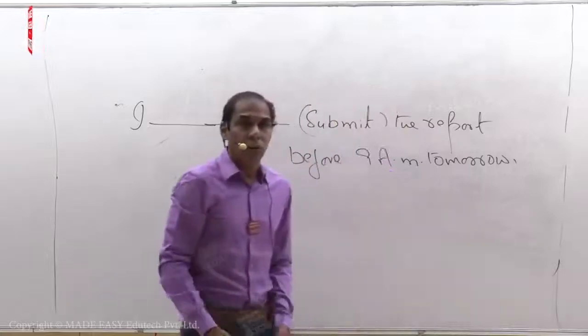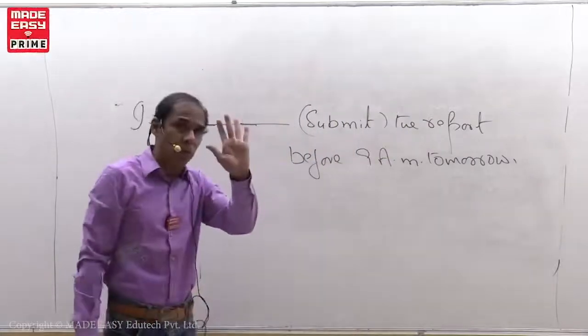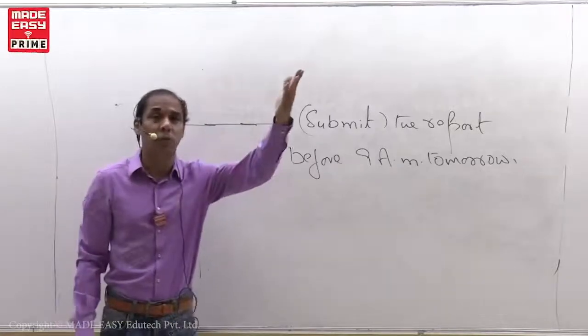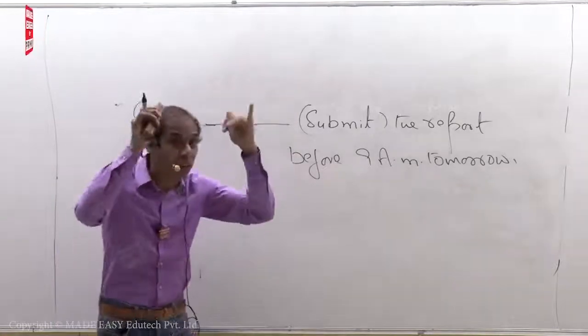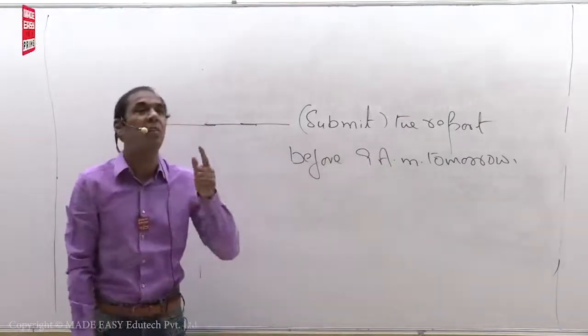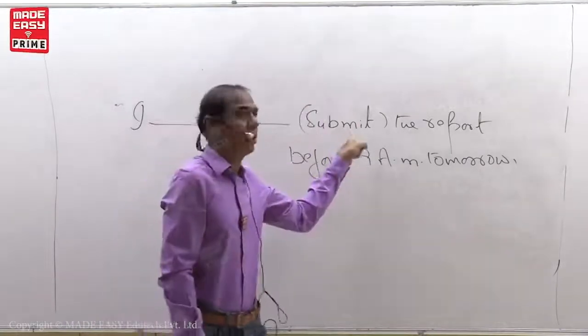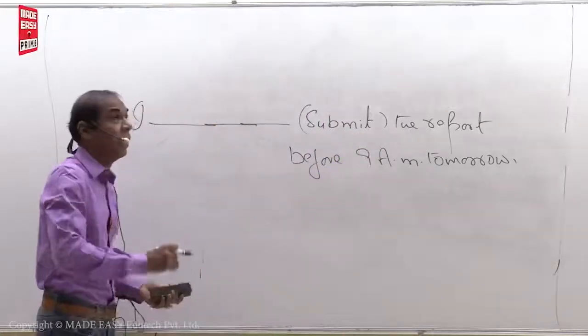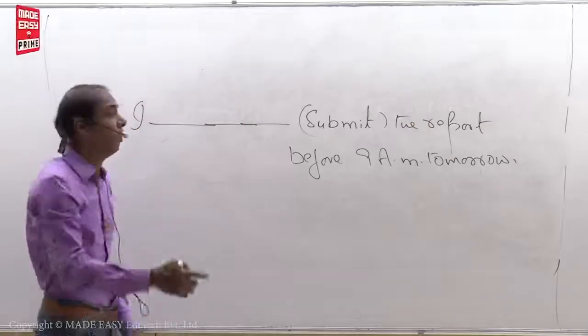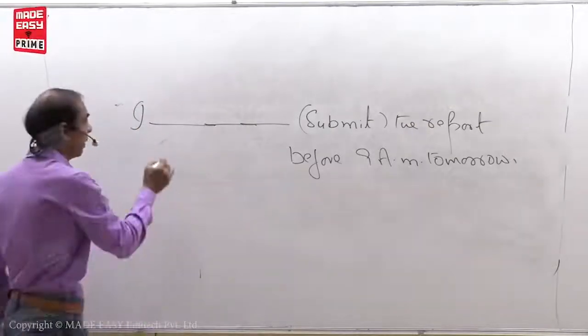See, two actions will happen tomorrow. What are the two actions will happen tomorrow? One, submission of report. Two, coming of 9 o'clock. That is also another action, right? In these two actions, what is the first action going to happen? Submission of report. If there are two actions going to happen in future, what is the first action going to happen? That should be expressed in future perfect tense.